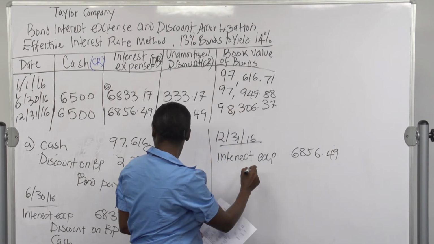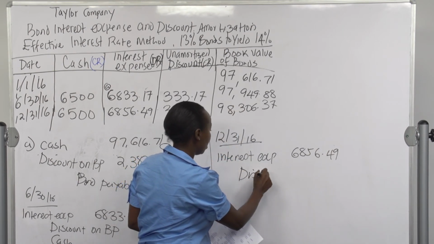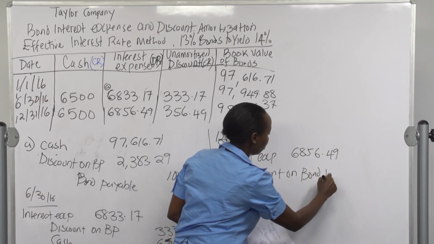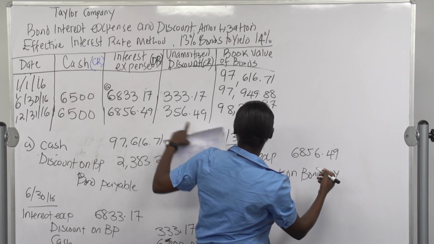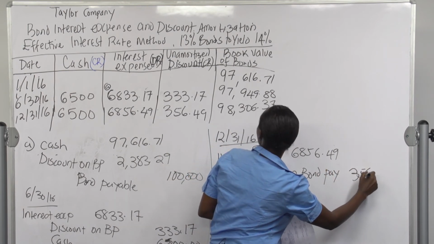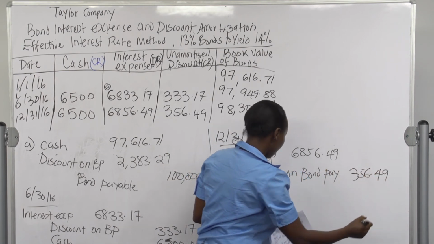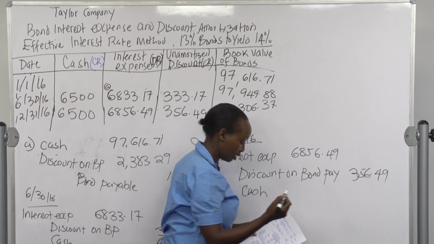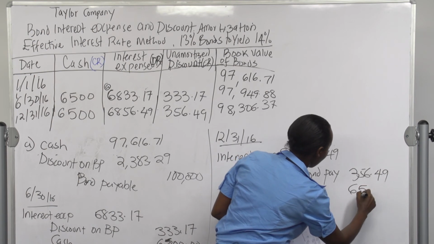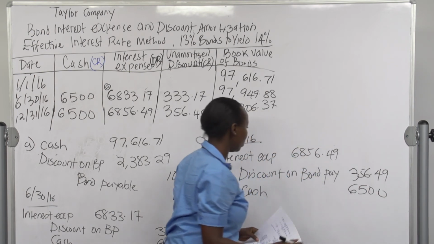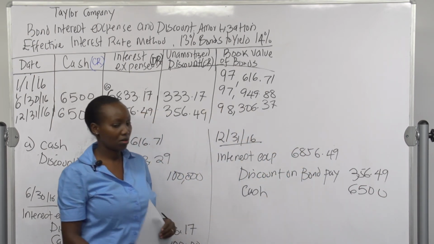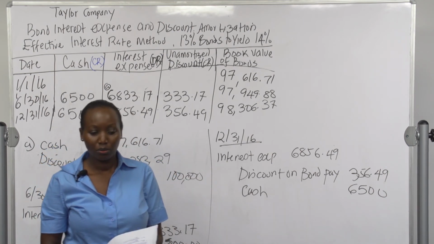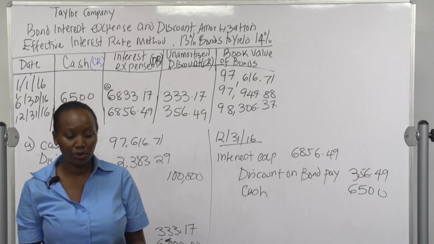We have discount on bond payable, which we already computed, 356.49, and we pay out cash. This is being paid every 6 months, so we are paying out $6,500. Put descriptions under your journal entry: this is to record the interest payment for December 31st, 2016.